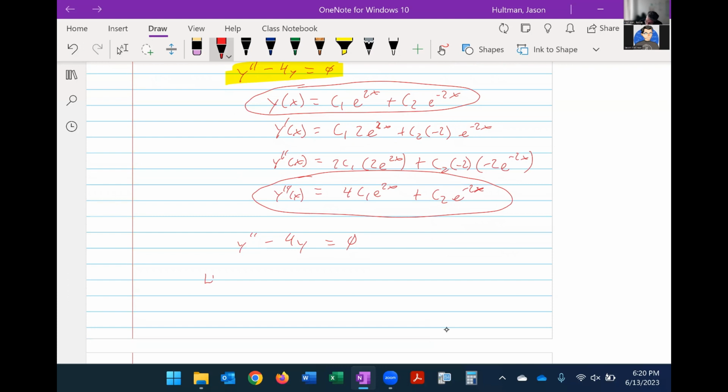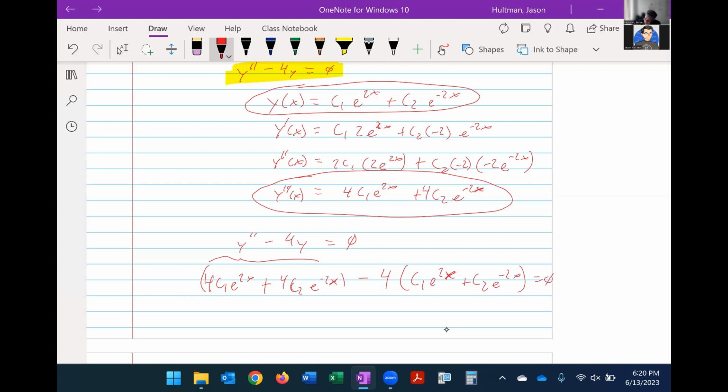That's 4c1 e to the 2x plus, I messed up here, plus 4c2 e to the negative 2x. That's all of y double prime. And then minus 4 times my original, which is c1 e to the 2x plus c2 e to the negative 2x.